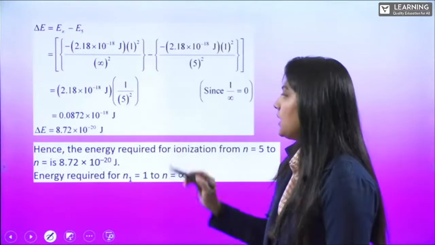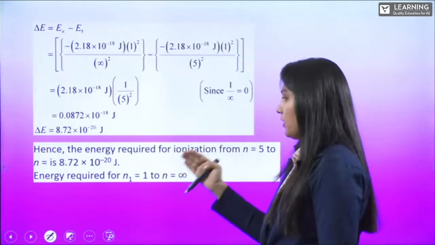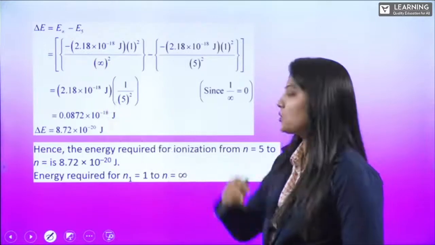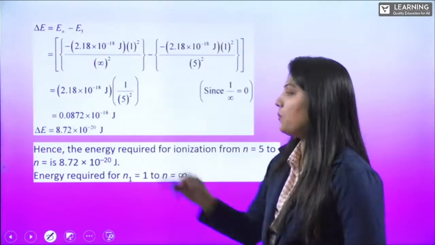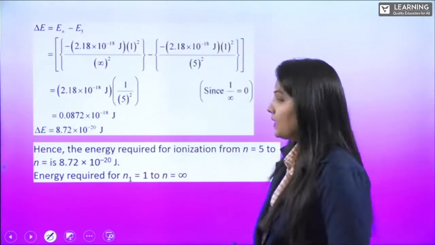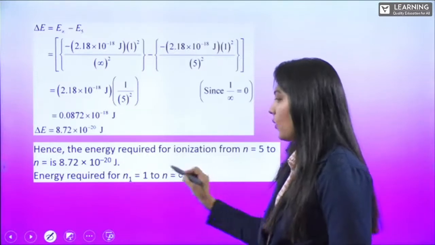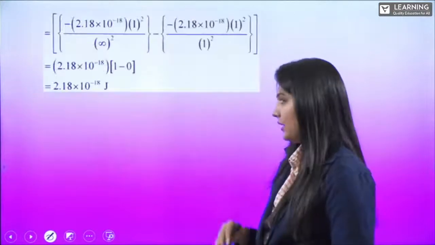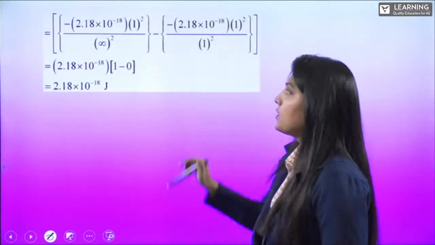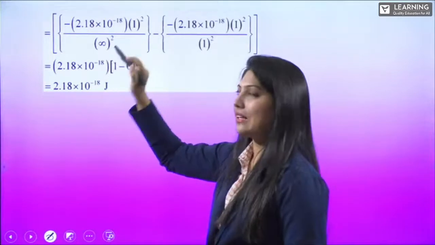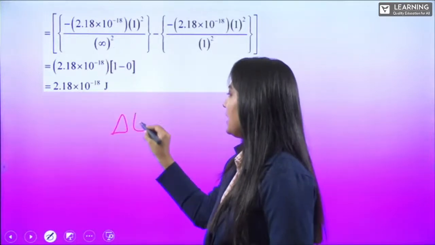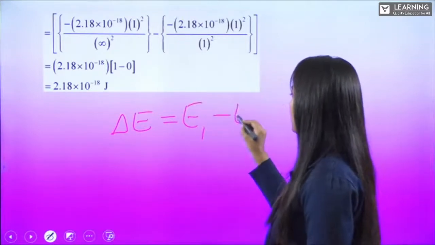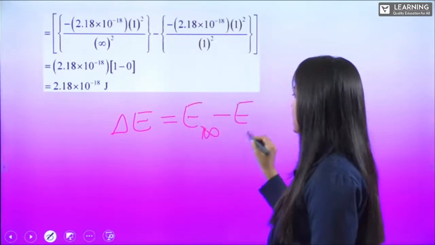Next, the energy required for ionization from n equal to 5 to n equal to infinity is 8.72 into 10 raised to minus 20 joules. The energy required from n1 equal to 1, from 1 to infinity, is again delta E equal to E infinity minus E1.